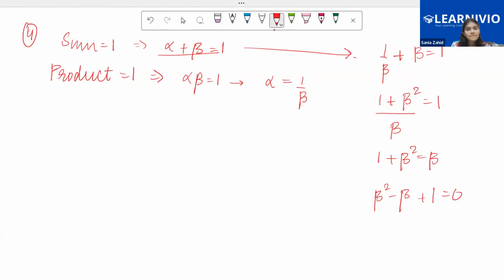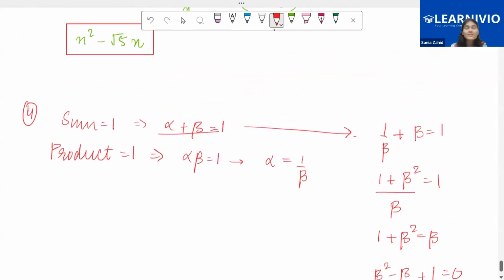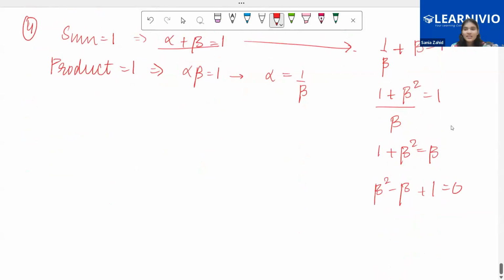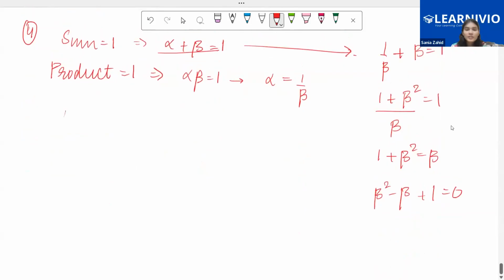Because alpha plus beta is equal to minus b over a. How come minus b over a? Okay, yeah, I'm sorry. I forgot. We are doing the polynomials lesson. I thought that we are doing quadratic equations. So alpha plus beta is minus b over a.